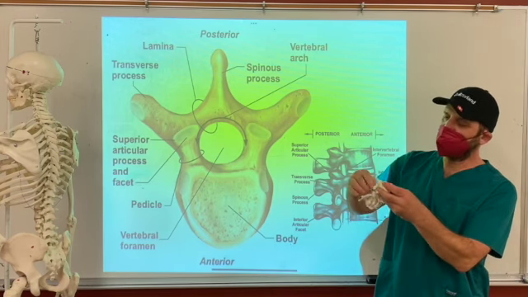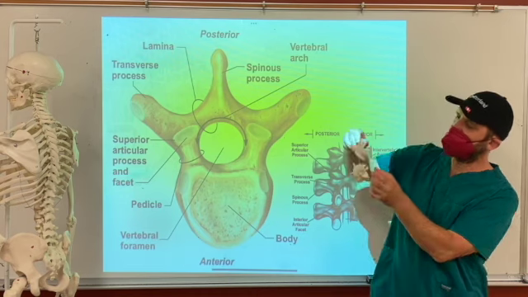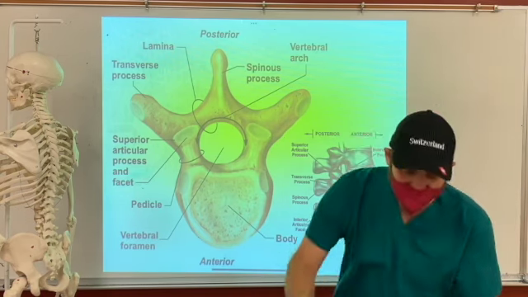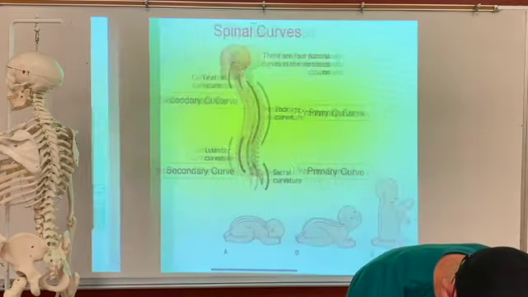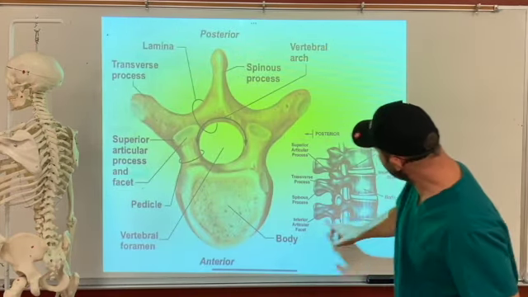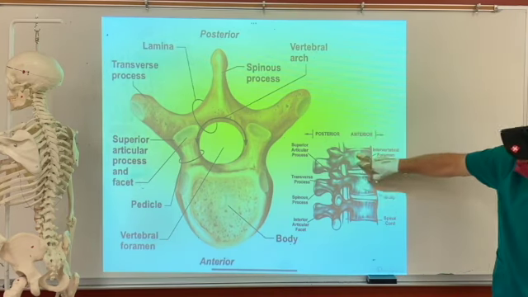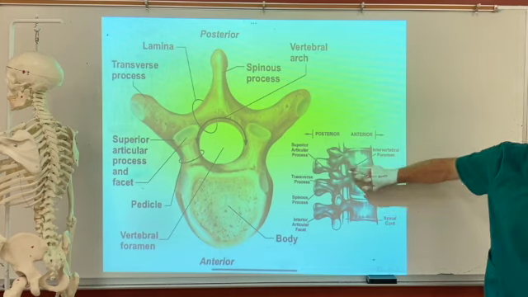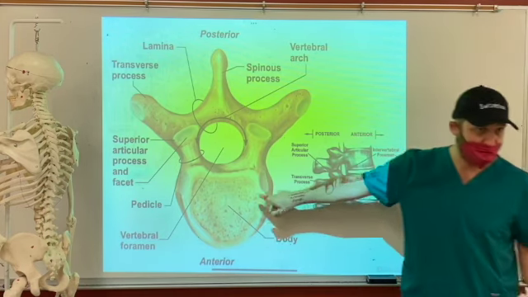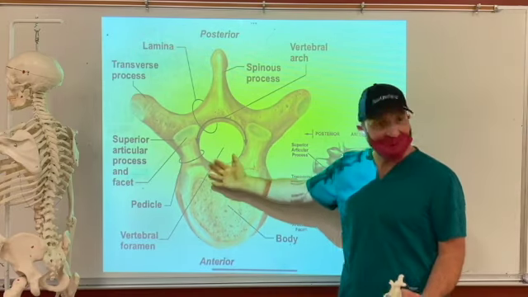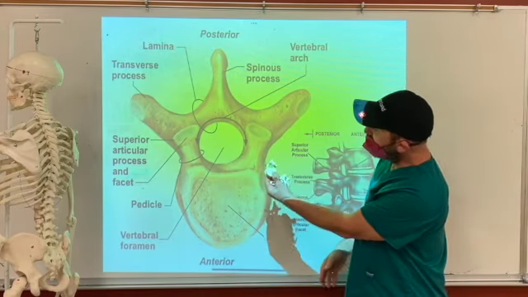So on your model, that's that big thing. If you go back to that big spine overall that we were looking at a minute ago, it's all these big things in the front, sorry, not the back, the front. Those are these bodies. So it's like we're upright and then we're laying flat again.